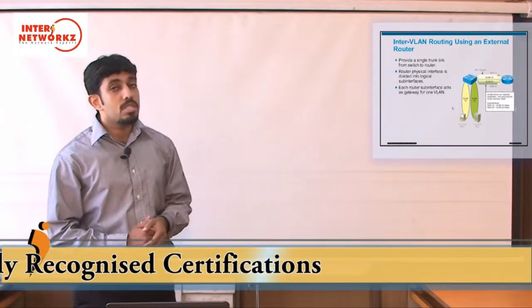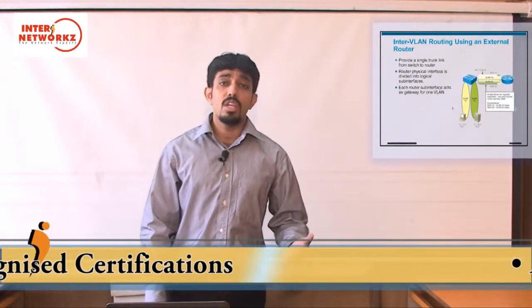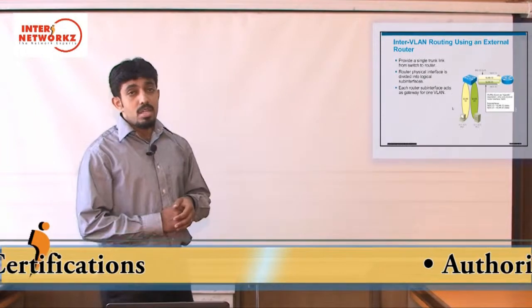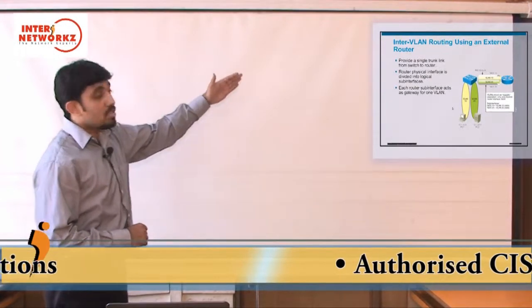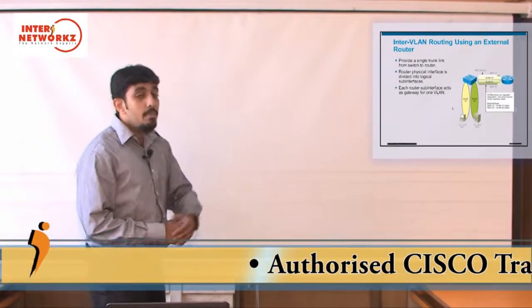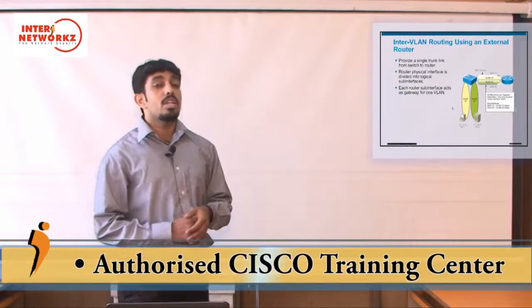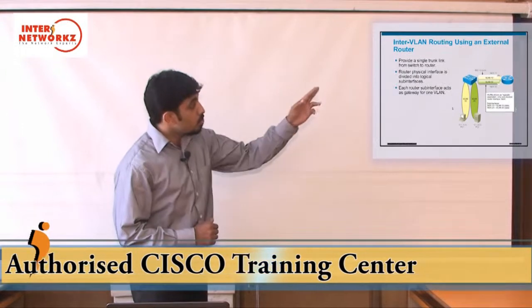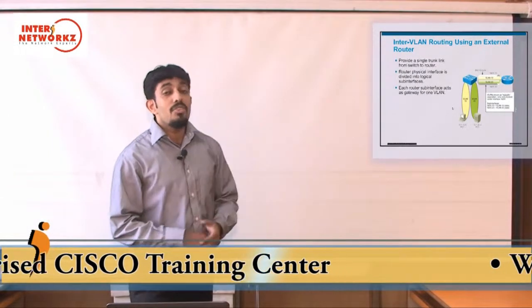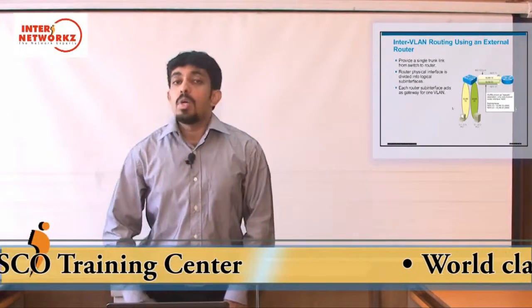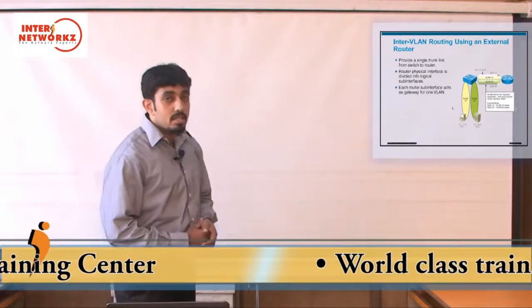On a single physical interface of the router you will only be able to give a single IP address. Say I have VLAN 10 and VLAN 20. These normally require a default gateway, and on a single interface I will not be able to put two IP addresses.